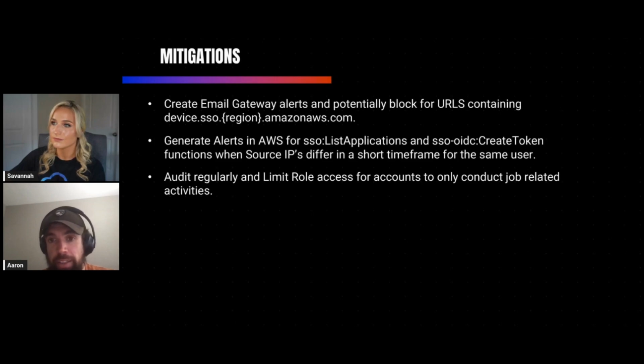When we create these API calls, it's obviously going to come from a different IP than when the user actually authorizes their device. So alerts can be generated for that. And additionally, you can audit and limit role access for accounts to only do business-related activities that they need. So if access keys are gained for a specific user, limiting their roles could potentially thwart any privilege escalation abilities that an attacker might have.